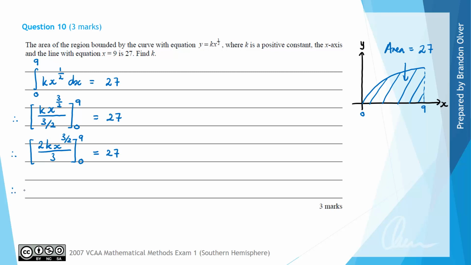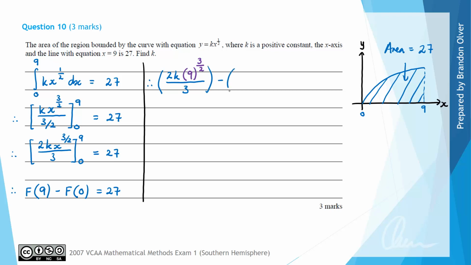And we know this can be evaluated as the antiderivative at 9, subtract away the antiderivative when x is 0, and that should equal 27. Therefore, we have 2k times 9 to the power of 3 over 2 divided by 3 minus 2k times 0 to the power of 3 over 2 divided by 3 is equal to 27.